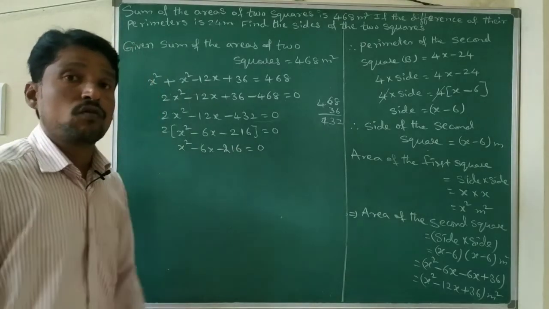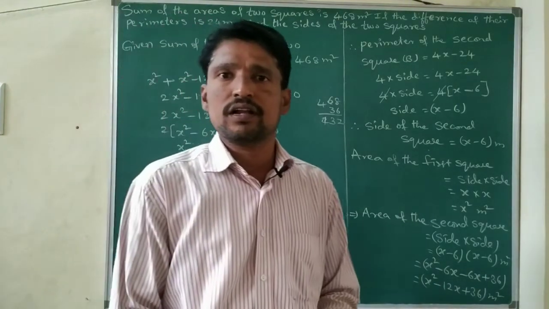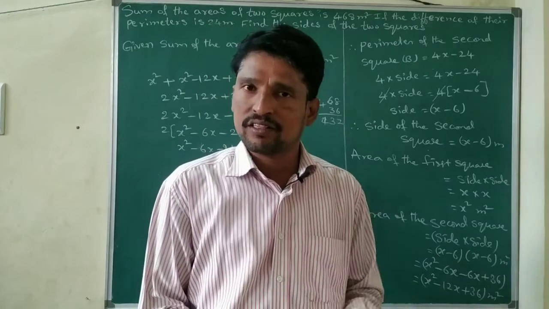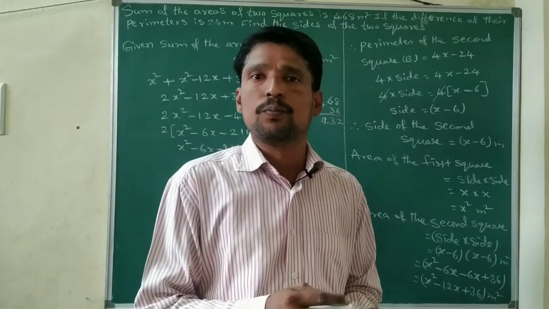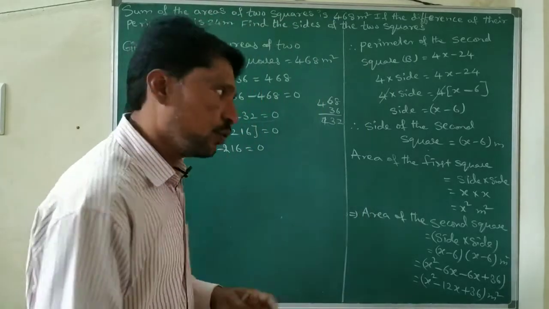Now we are using the quadratic formula. What is the quadratic formula? x equals minus b plus or minus under root b square minus 4ac, by 2a.